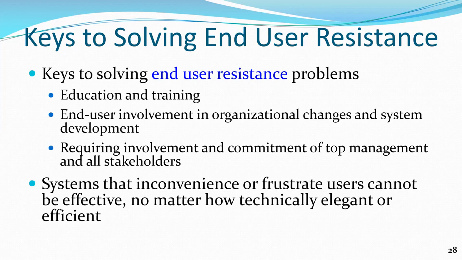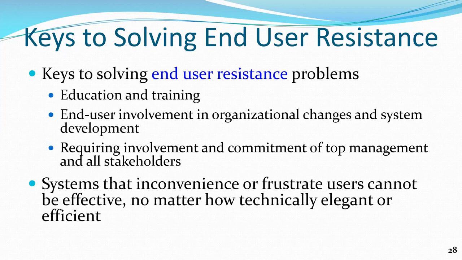Top management involvement is a must for any system development, because the blessings of top management should be there for such a change. And all stakeholders, all the parties who are affected by the technological implementation, need to be involved in the system development, right?